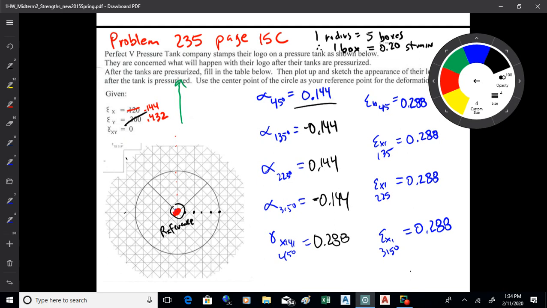When we did the rectangular one, we said the reference was in the lower left. By reference, I mean a point that does not move, it doesn't deform. On this one, I'm going to say the center is, because it's a circle. That's the most logical place to pick as my reference point. Everything expands out from there. Okay? Y'all okay?